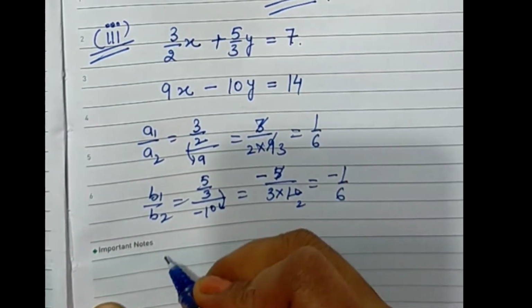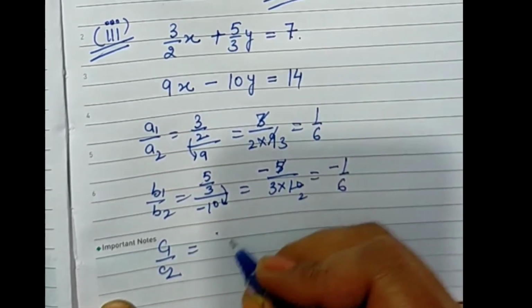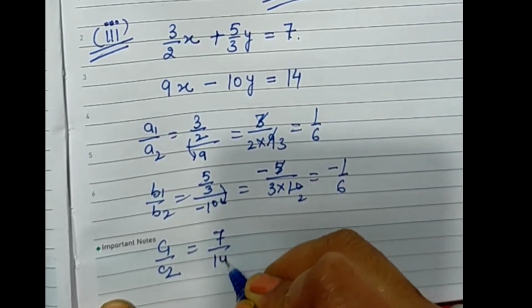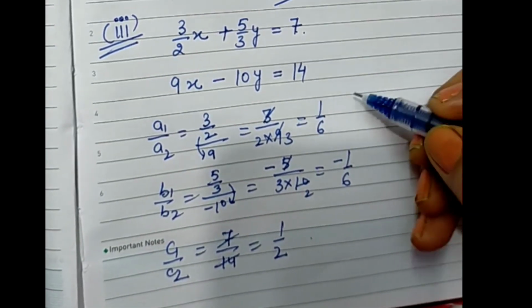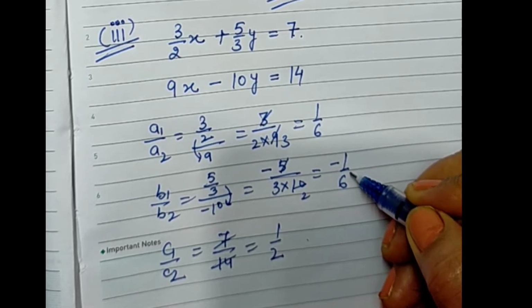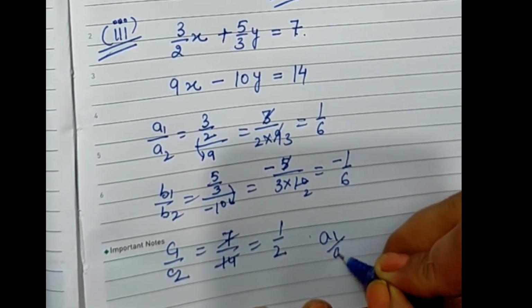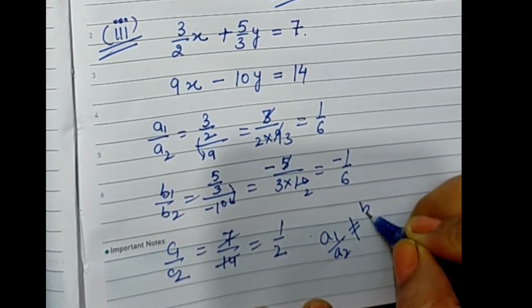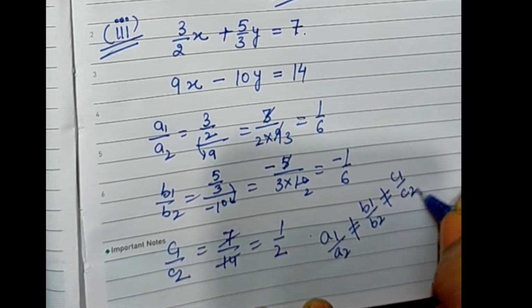Then c1 over c2, 7 over 14, 1 by 2. So you can see none of the ratios is the same. This is 1 by 6, this is minus 1 by 6, and this is 1 by 2. So a1 over a2 is not equal to b1 over b2 is not equal to c1 over c2.